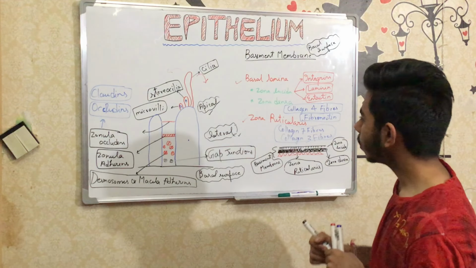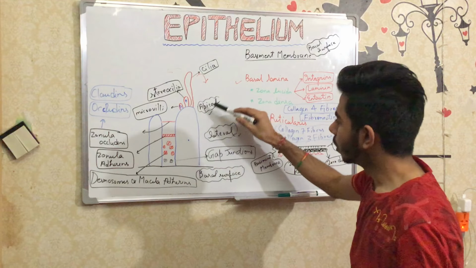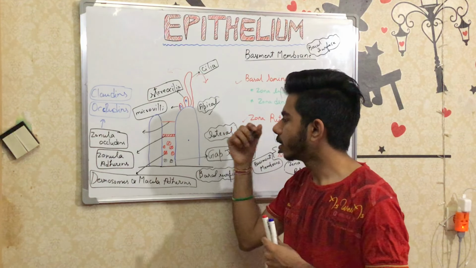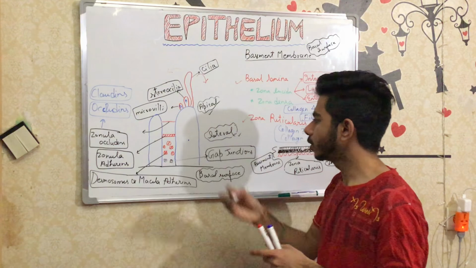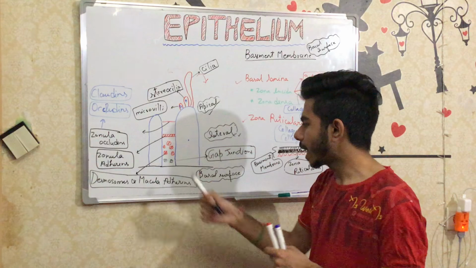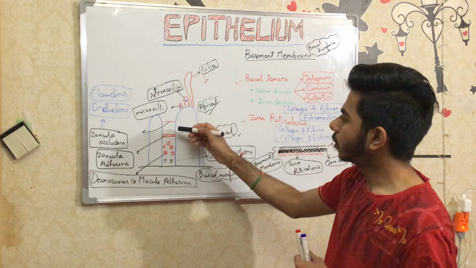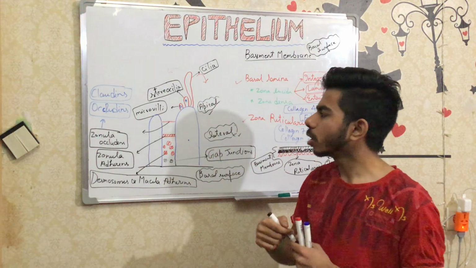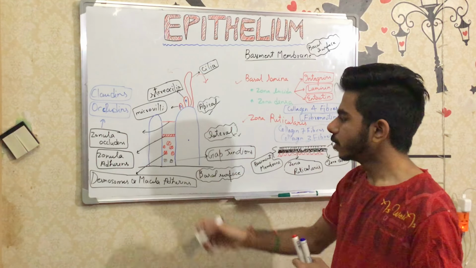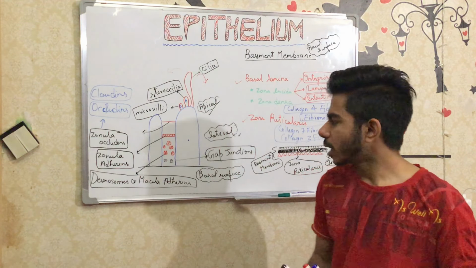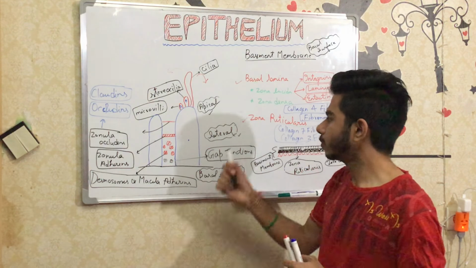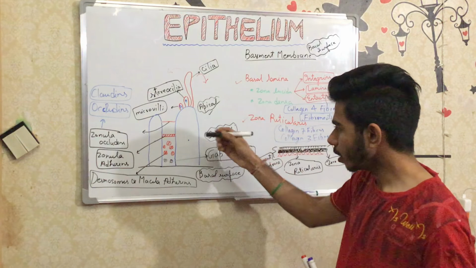Next, we move on to the lateral surface of the epithelium. There I told you that there are various kinds of junctions: zonula occludens, zonula adherens, macula adherens or the desmosomes, and the gap junctions. In zonula occludens there are claudins or occludins proteins. In the zonula adherens there are also some more proteins, for example alpha-actinin or E-cadherins.